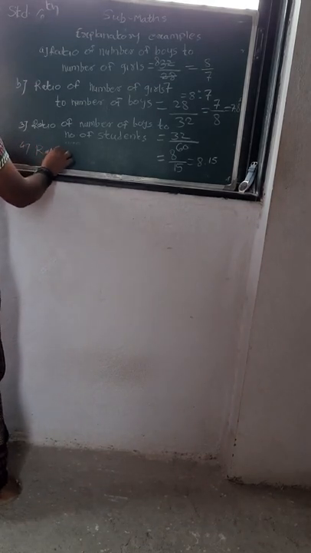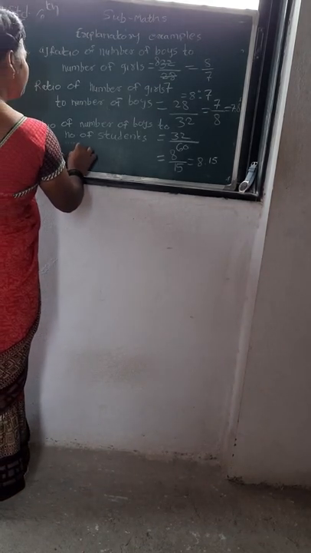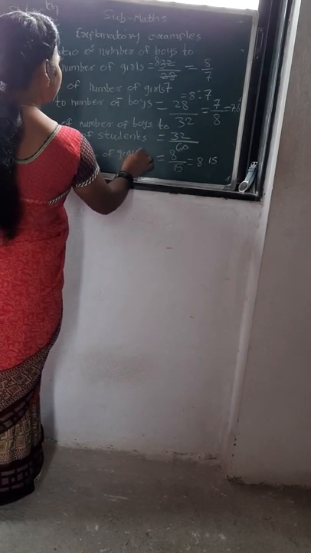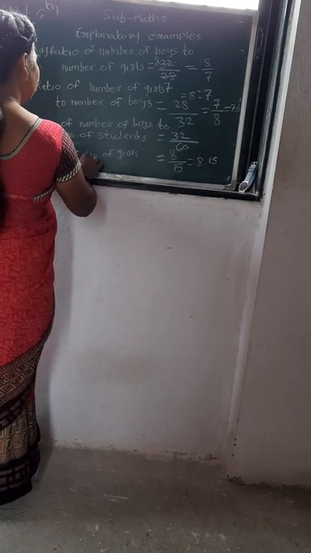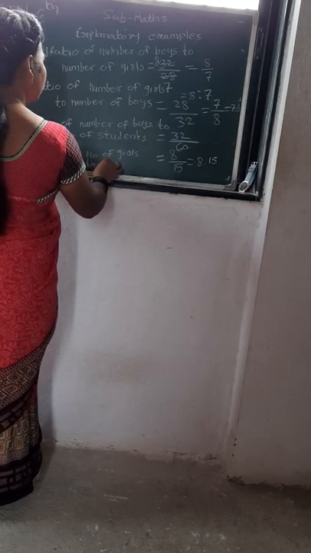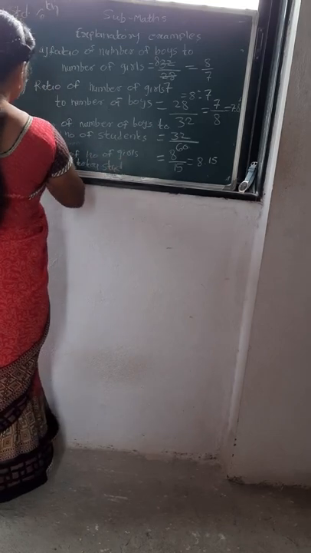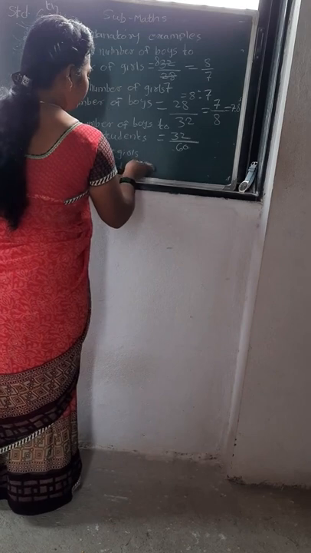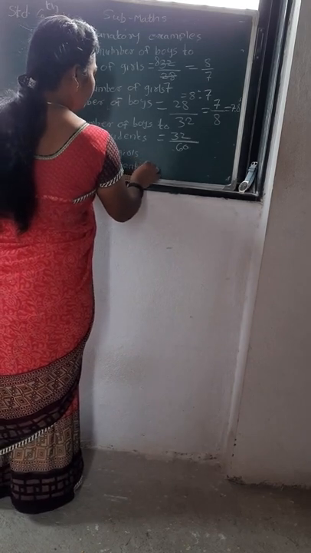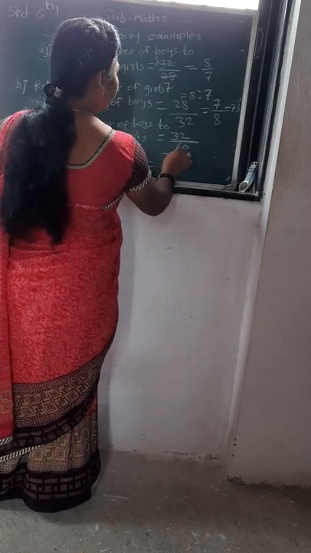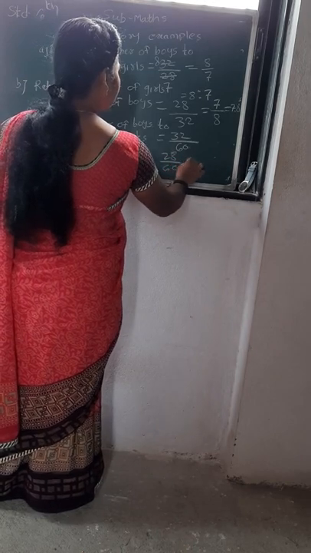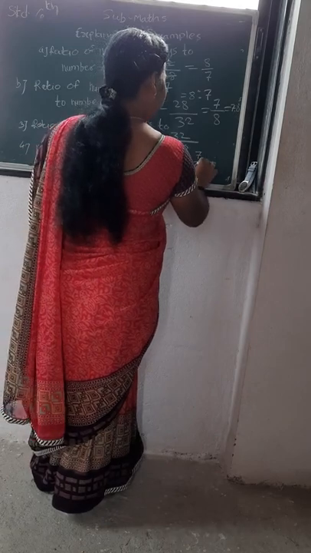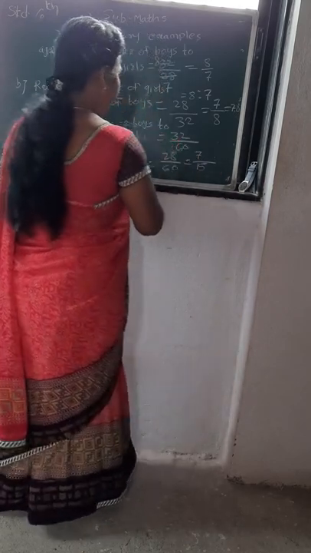Number of girls is 28 divided by 60, which is equal to 4 7s are 28, 4 15s are 60.